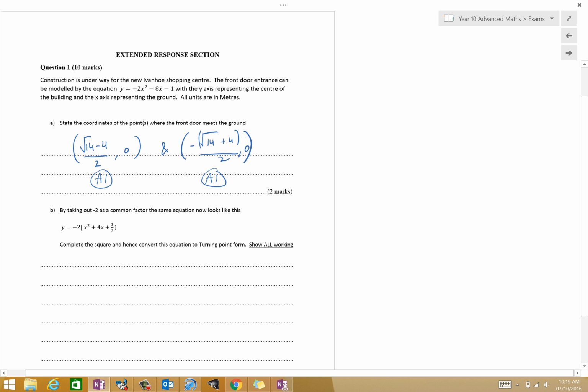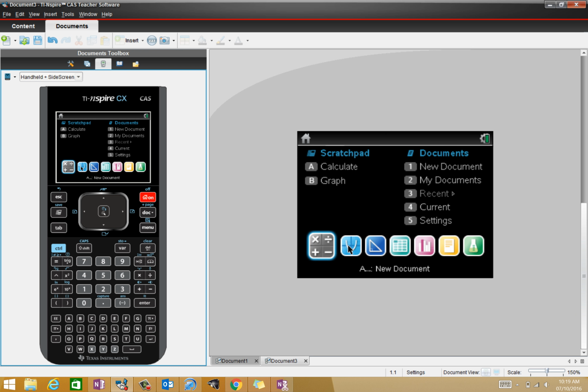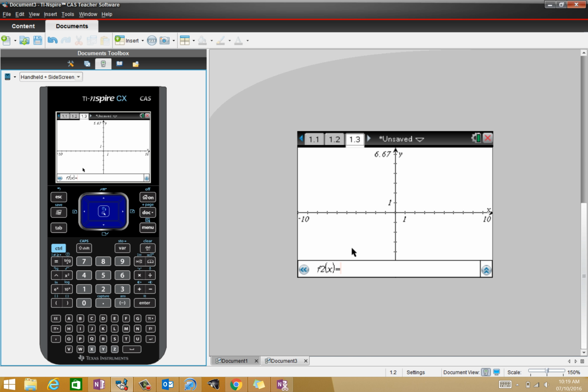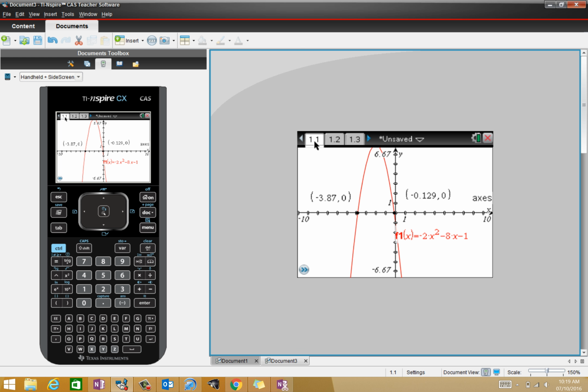If we ask you to round to 2 decimal places, do so, but we were asked for the coordinates. We didn't ask you to round. That's the problem: when you sketch this graph and go to the control menu, those are not really exact. Your calculator's rounded off, so just be aware of that.